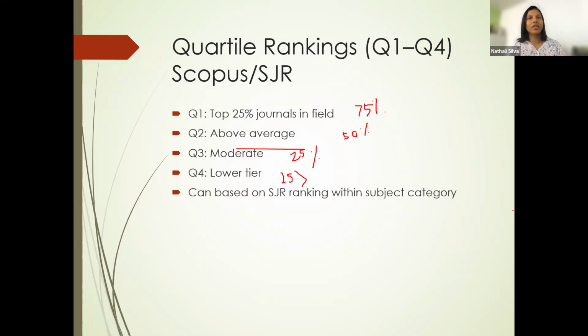If you get this kind of a message once you submit to a journal, then that indicates the place you have submitted is not a good place to publish your work. So always try to avoid submission to these predatory journals as much as possible.